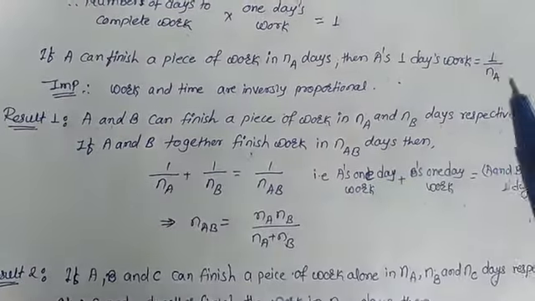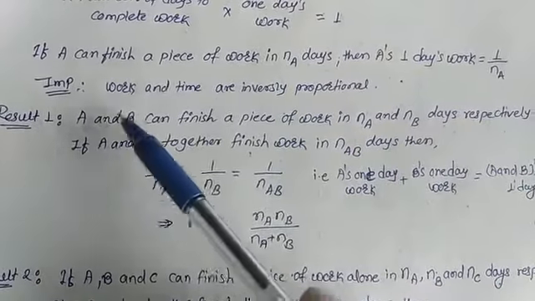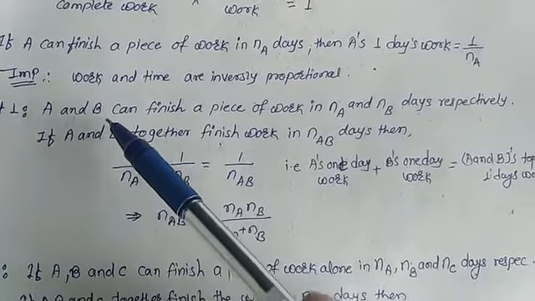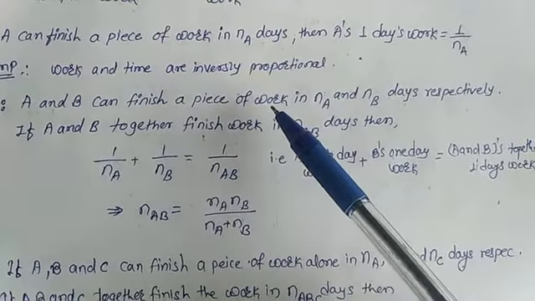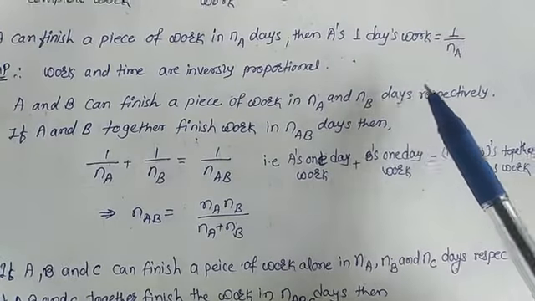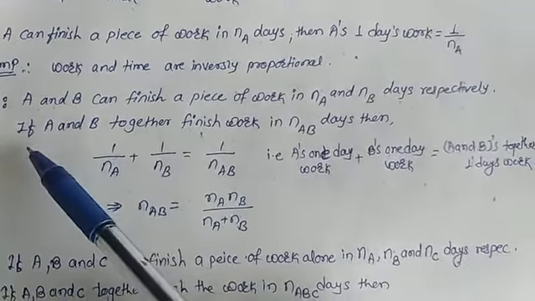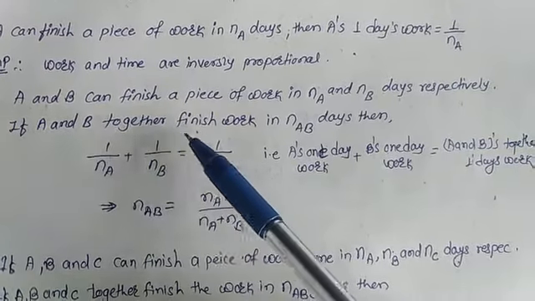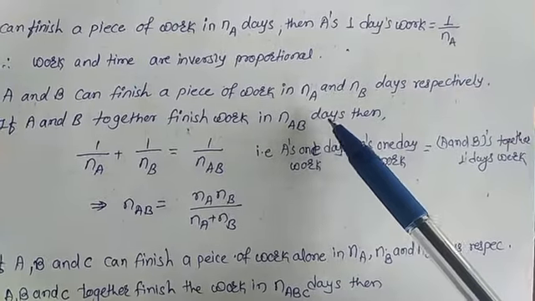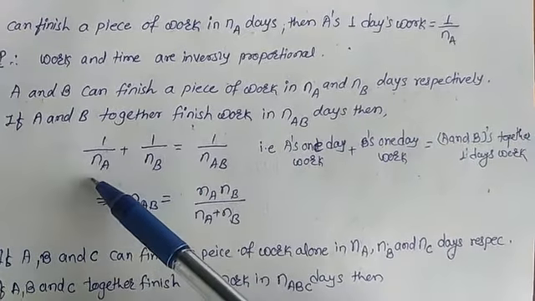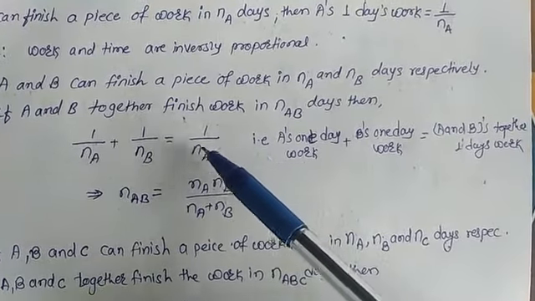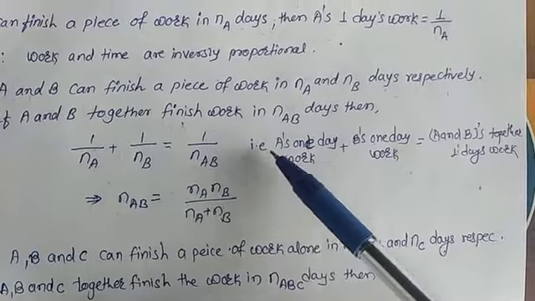Now there are results related to this point. The first result is: if A and B can finish a piece of work in n_A and n_B days respectively, and A and B together finish the work in n_AB days, then 1 upon n_A plus 1 upon n_B is equal to 1 upon n_AB.